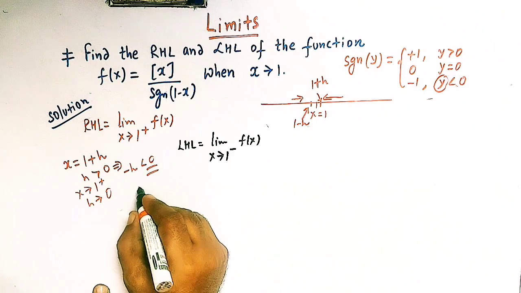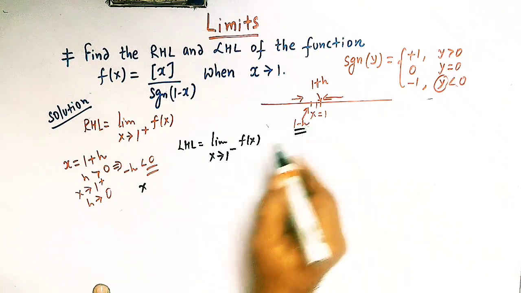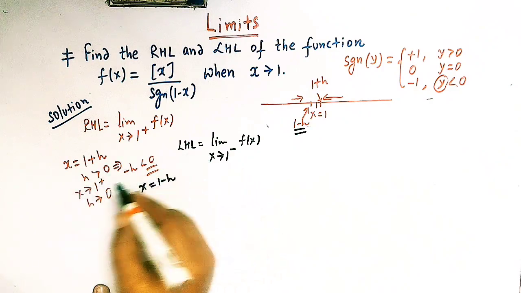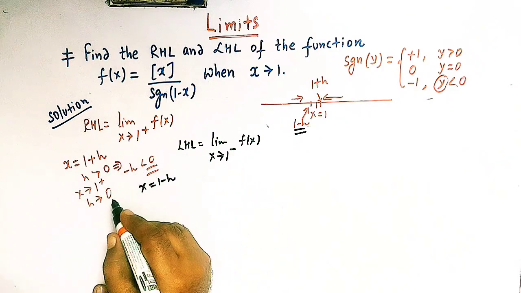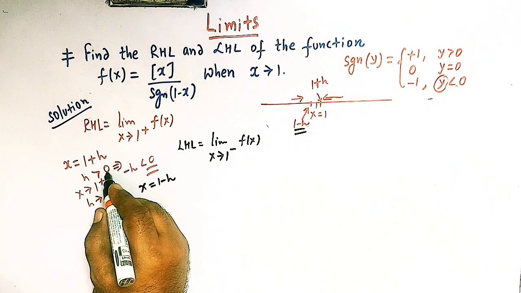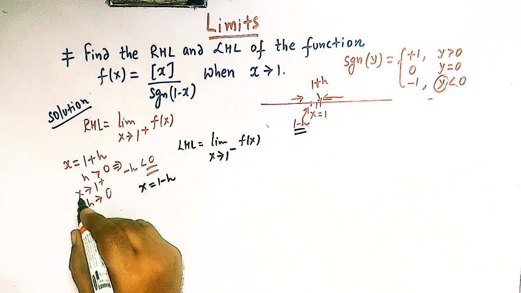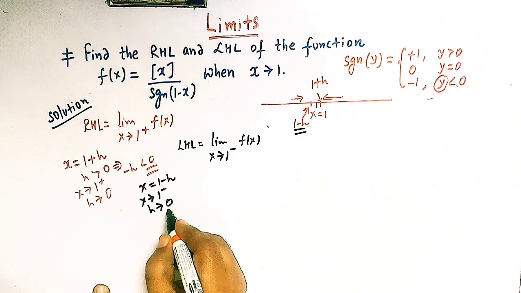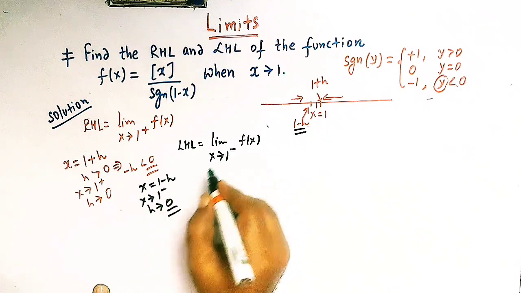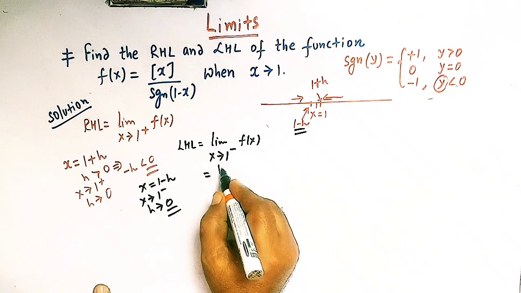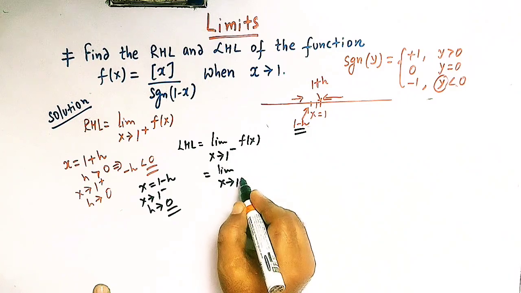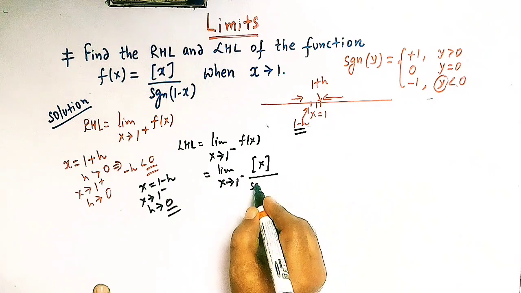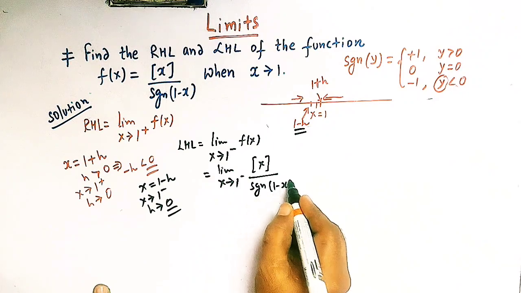Now let us take x is equal to 1 minus h, and again h is infinitesimally very small. h is greater than 0 but less than 1, and when x tends to 1, then h tends to 0, right? So here we can now write limit x tends to 1 minus, then f of x is greatest integer of x over signum of 1 minus x.